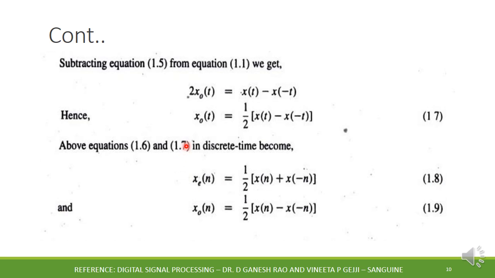And for 1.7, if I change t to n, all other parts are the same. It is named 1.9. So equation number 1.7 is the odd part for the continuous time signal, whereas equation number 1.9 is the odd part for the discrete time signal.